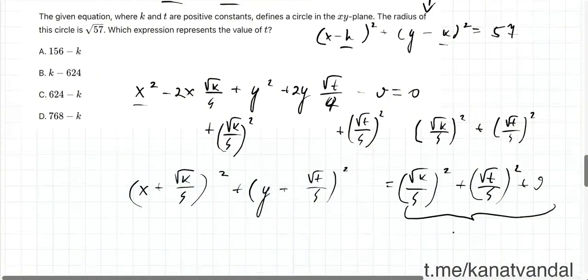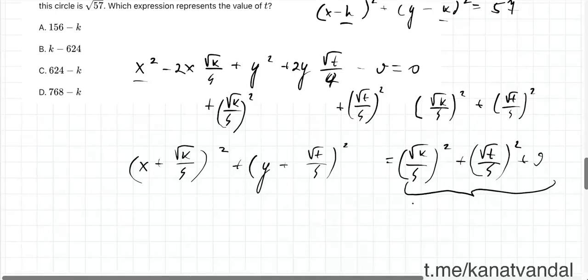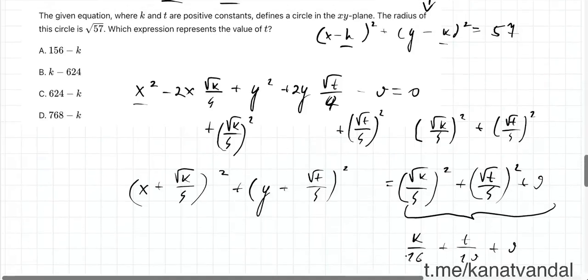Let's develop it further. This is k over 16 plus t over 16 plus 9, and this is the radius squared, because it's the right side of the equation of the standard form.